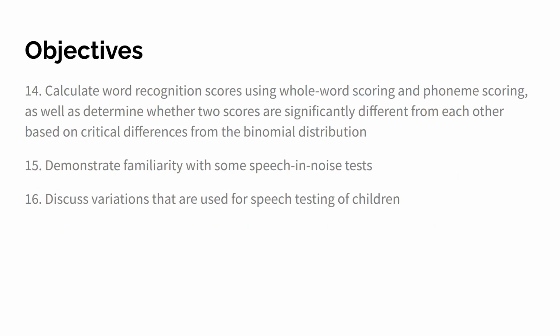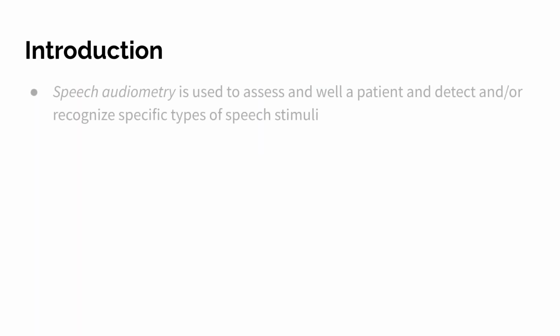We want to be able to calculate word recognition scores using whole word scoring and phoneme scoring, as well as determine whether two scores are significantly different from each other based on the critical differences from the binomial distribution. Demonstrate familiarity with some speech and noise tests, and discuss variations that are used for speech testing in children.